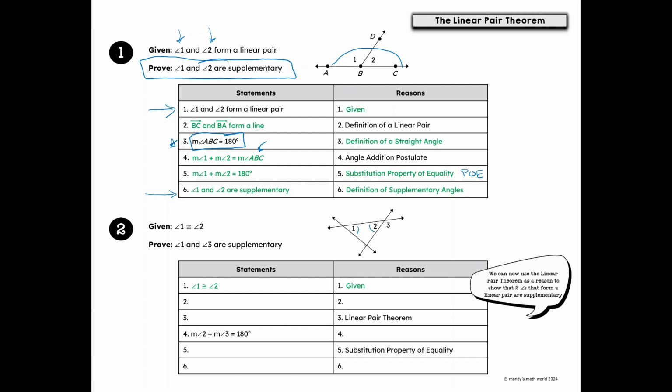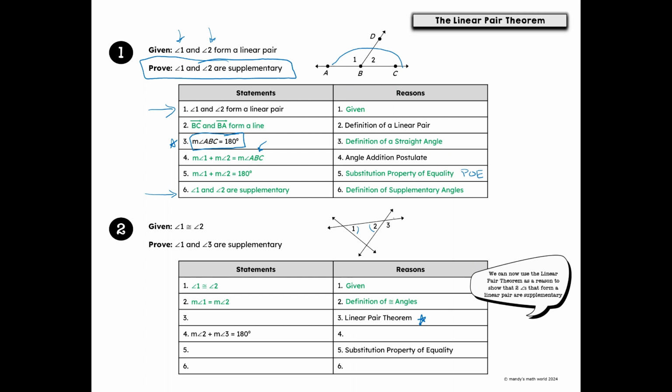Okay, so let's get started. Angle 1 and angle 2 are congruent. Well, what do I know about their angle measures? I know they're equal to each other by the definition of congruent angles. So you can see I have a little clue in step number 3. I have the linear pair theorem already written there, which tells us that if 2 angles form a linear pair, then they are supplementary.